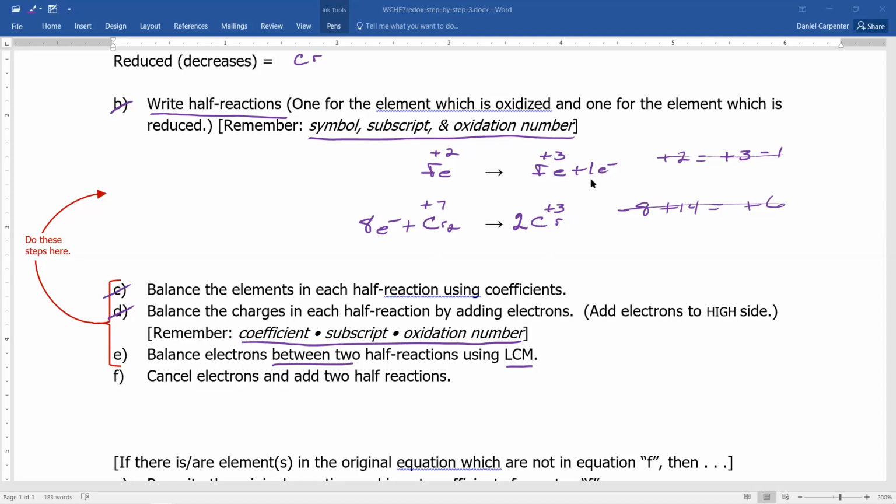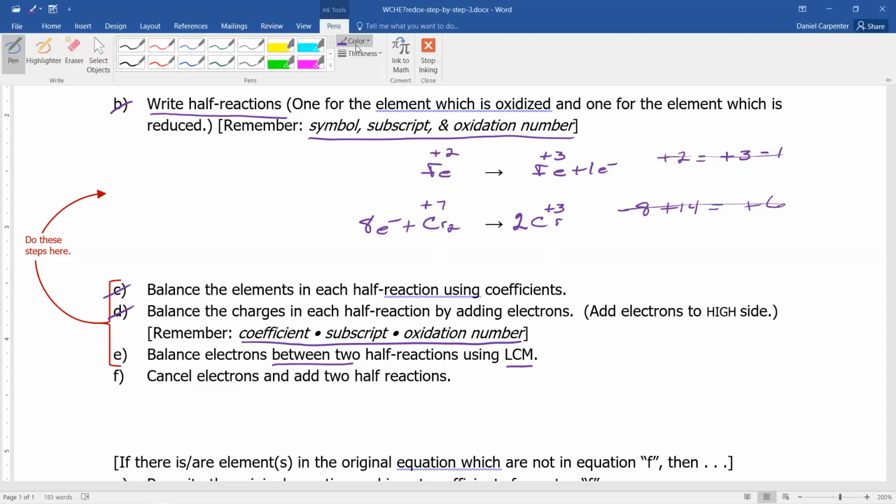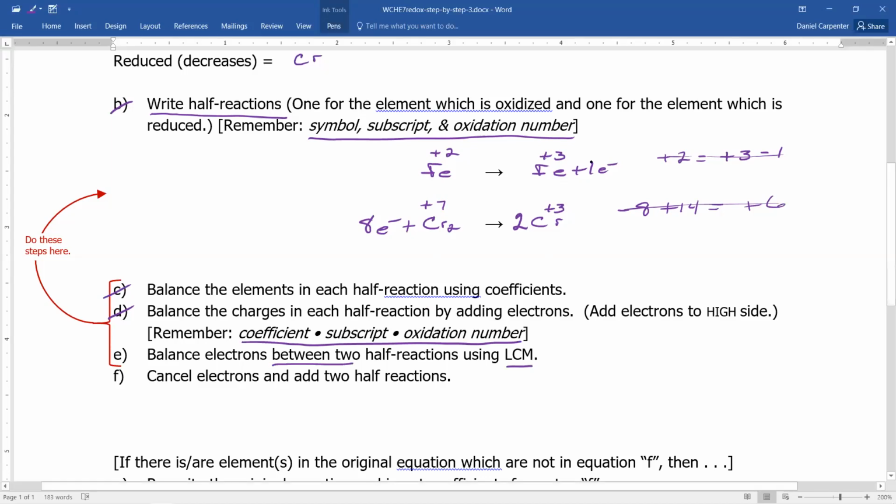So we have to multiply 1 by an 8, which means we have to multiply all of the coefficients by 8 times 8 times 8 times 8. But this is already 8, so we don't have to change this.